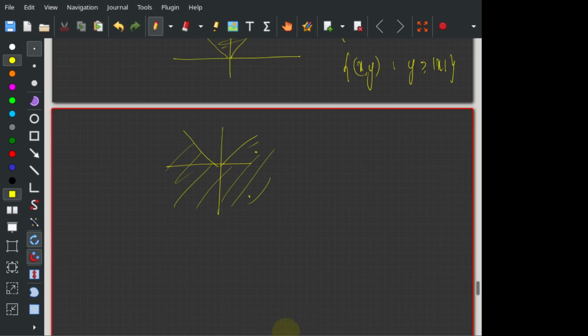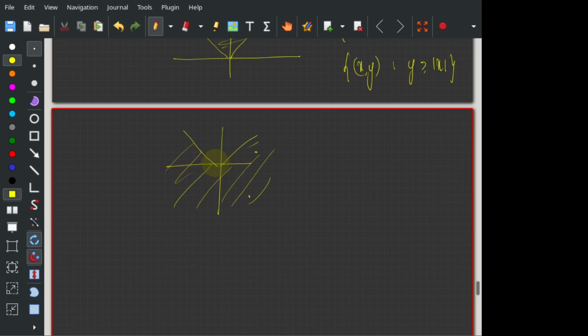So it does not contain the entire straight line passing through this point and the origin. If your point is in the fourth quadrant, then you're considering a line which is purely within the fourth quadrant. That's my definition of a ray. It starts from the origin and it passes through. So this is in fact a cone.